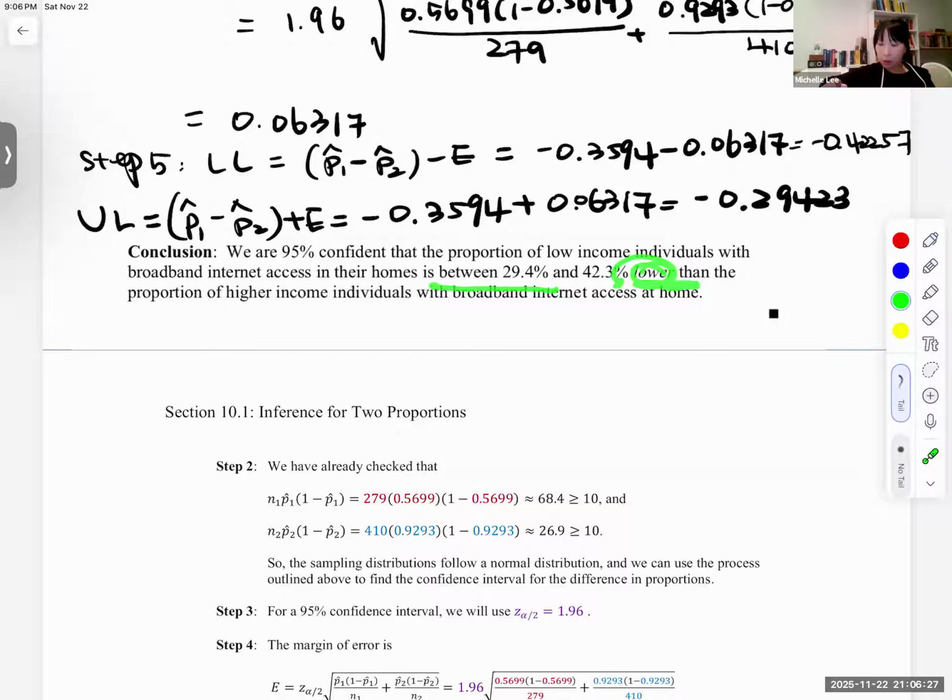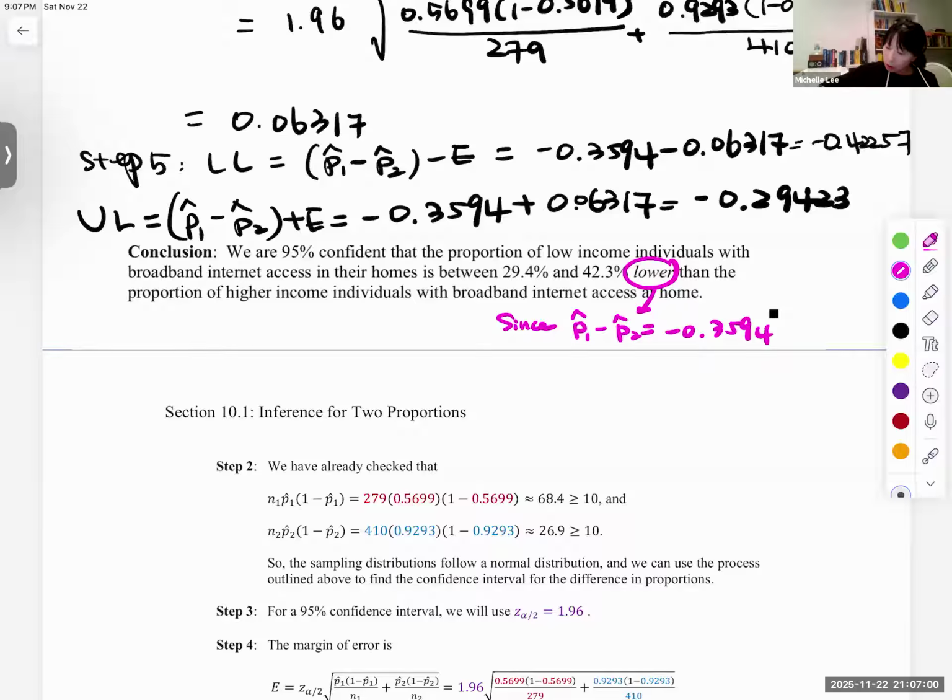Make sense to you? So we talked about this earlier. Lower, since we had p̂1 minus p̂2 equal to negative 0.3594. Lower, the negative, right?